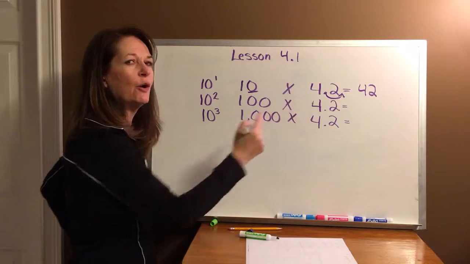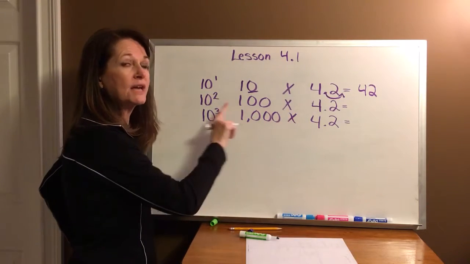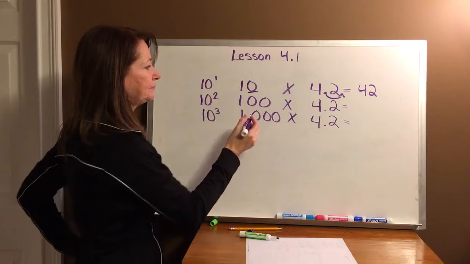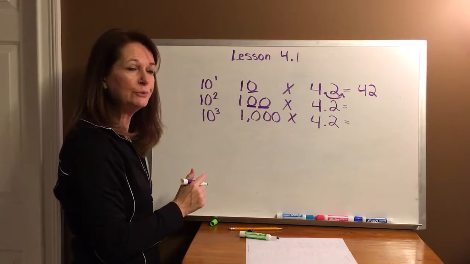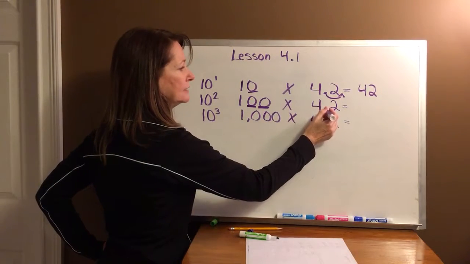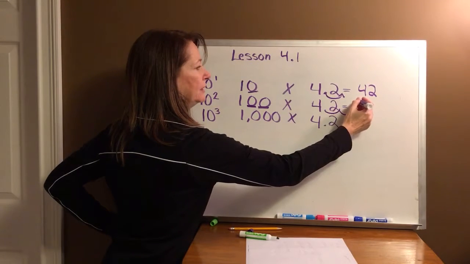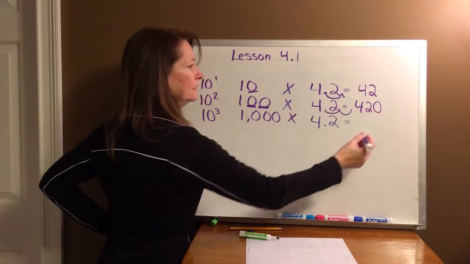Okay, so you already know what we should be close to on the next one. 4 times 100 would be 400. Okay, so think. How many zeros do I have? 2. So ready? To the right. 1, 2. So my answer will be 420.